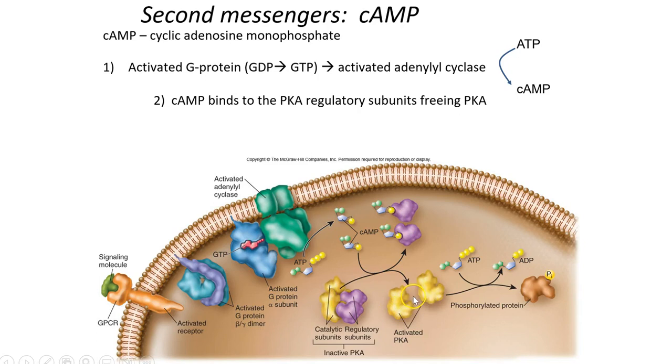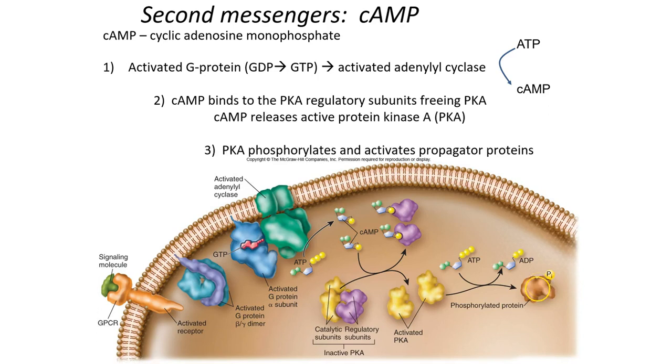Now pKa is released, and pKa, as a kinase, is able to activate the next protein. And this allows basically the rest of the signaling to occur. We're not going to worry about it from here, but this allows the cell to respond to whatever signal the G protein ligand is telling it to do. Right? So this is the key aspect here. We've made cyclic AMP.